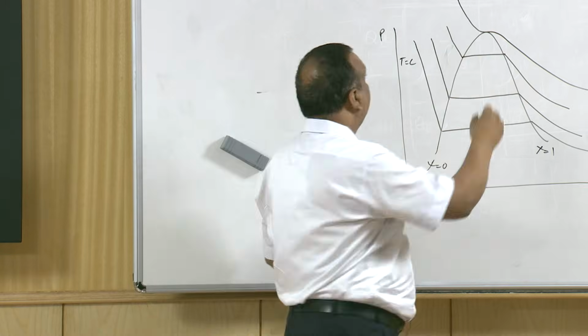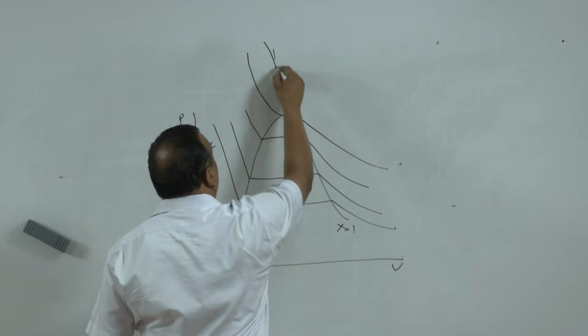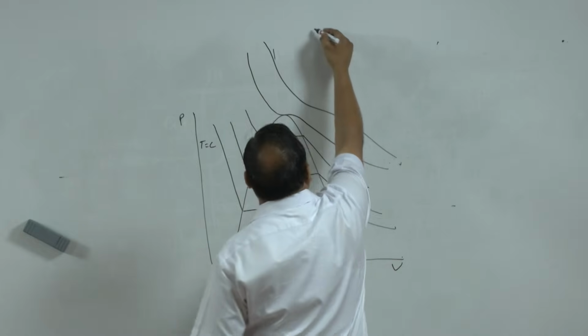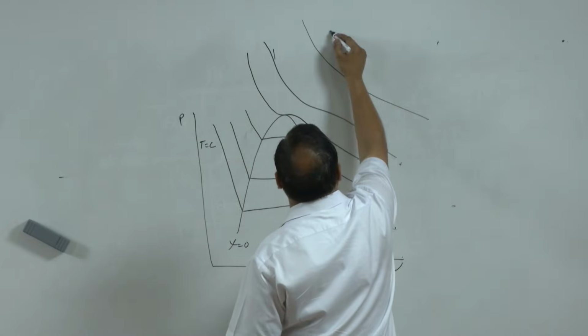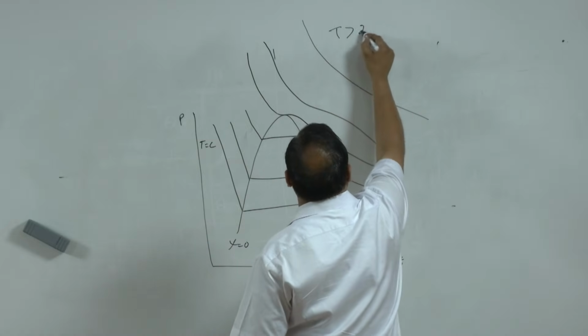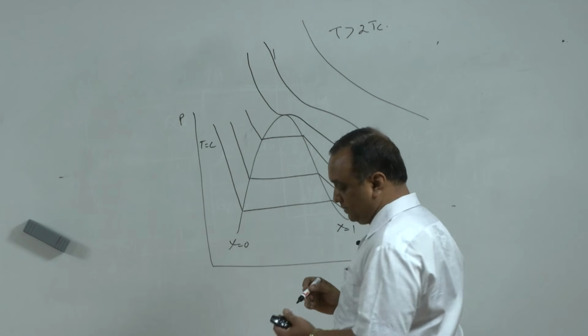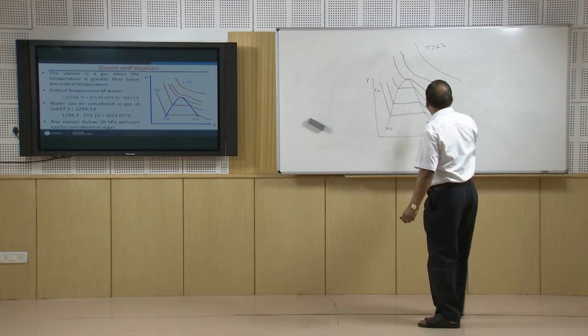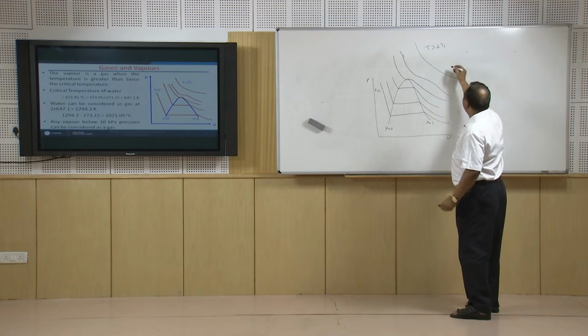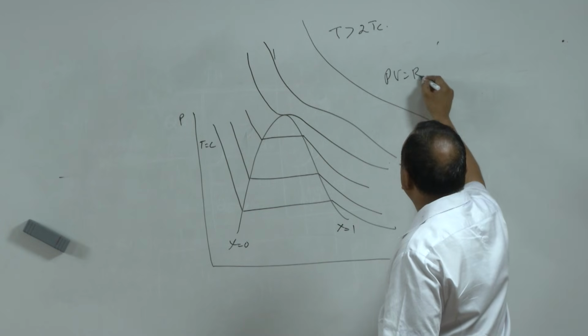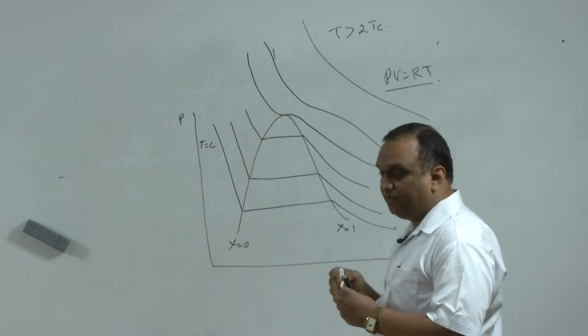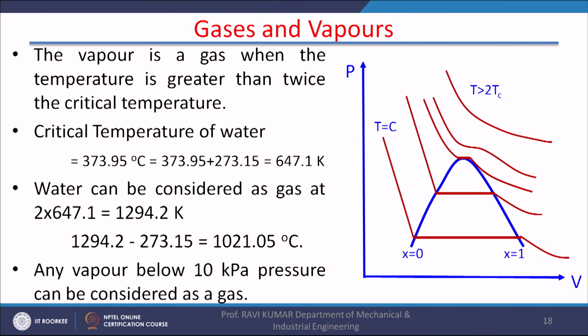Beyond the critical point, if you draw the curve you will get it like this, and when the temperature is greater than 2 times the critical temperature, you will get a curve which follows PV is equal to RT. So a vapor can be considered as a gas when its temperature is 2 times the critical temperature, as shown in the slide also.